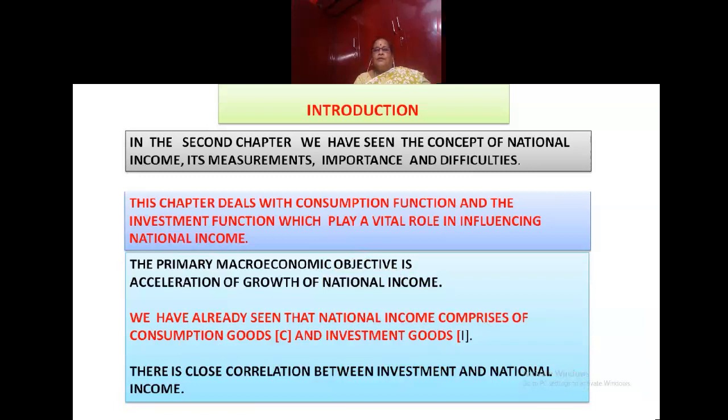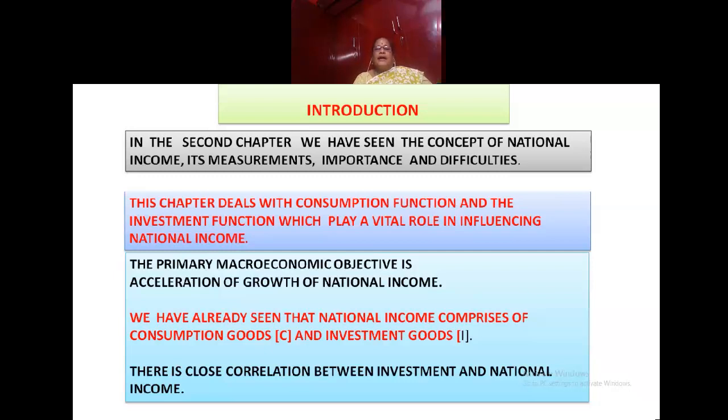Let us go to the introduction of the lesson. In the second chapter, we have seen the concept of national income, its measurements, importance, and difficulties. This fourth chapter deals with the consumption function and the investment function, which play a vital role in influencing national income.